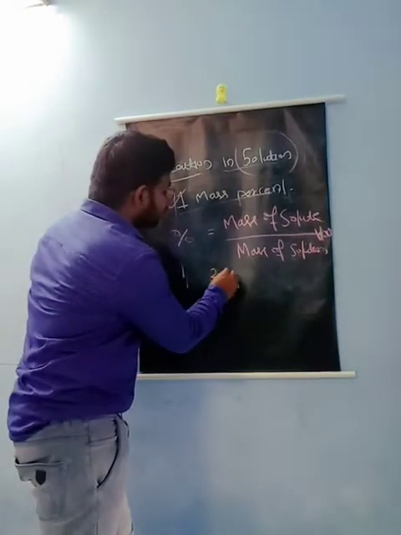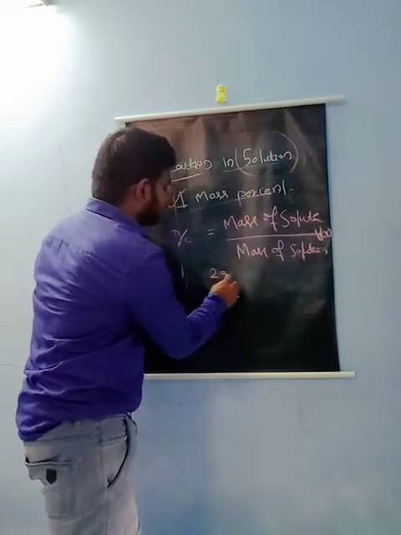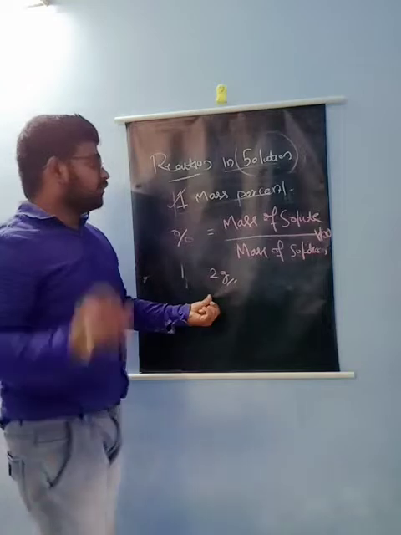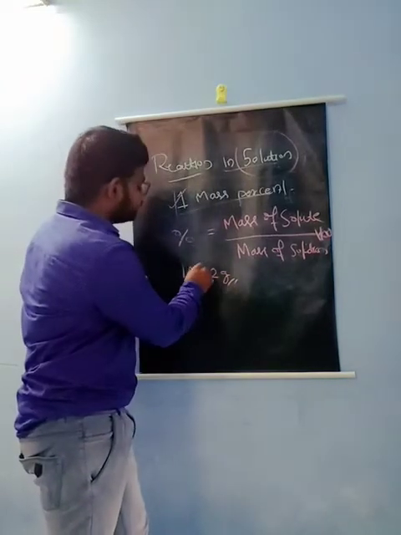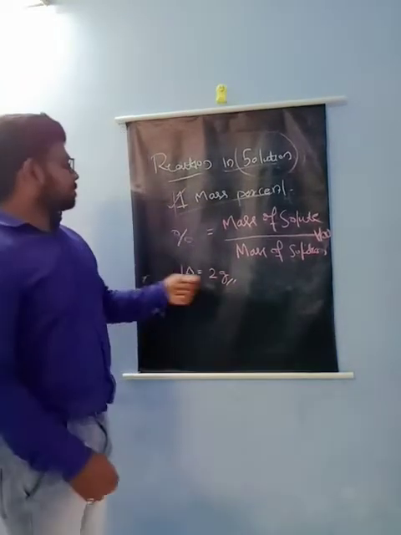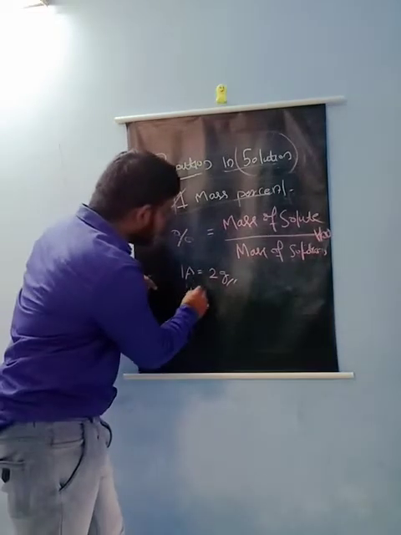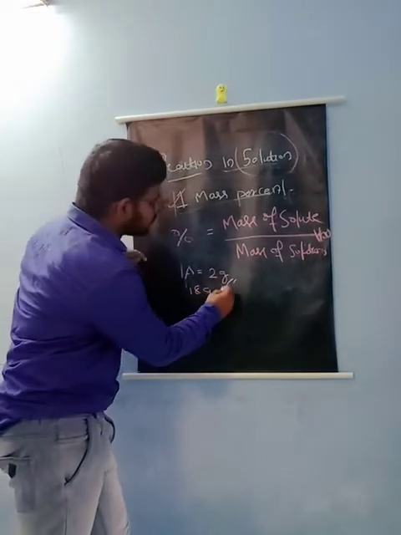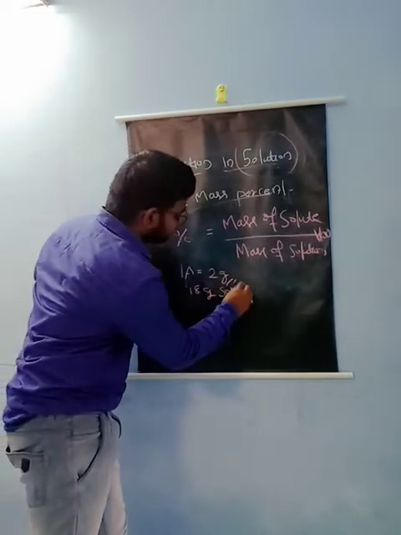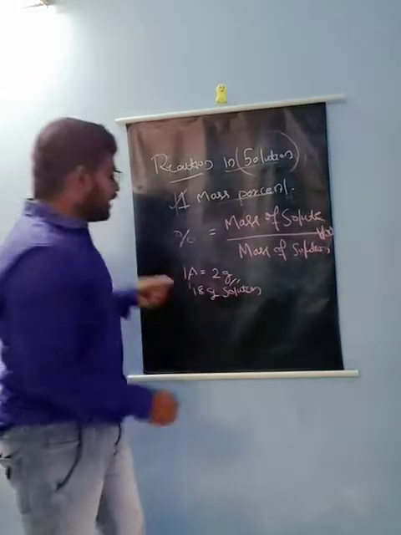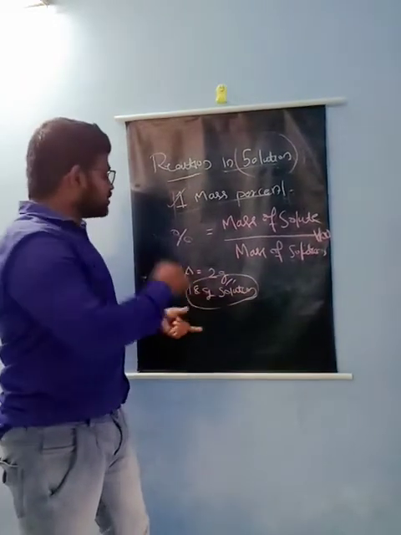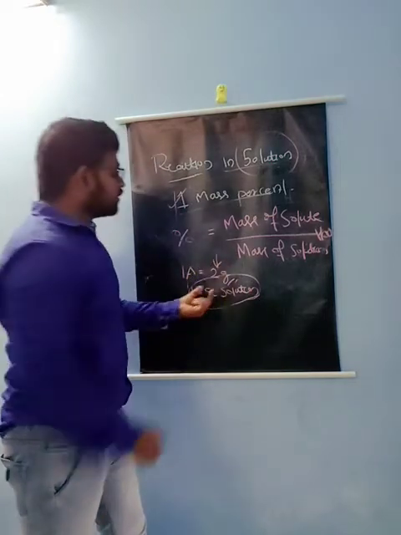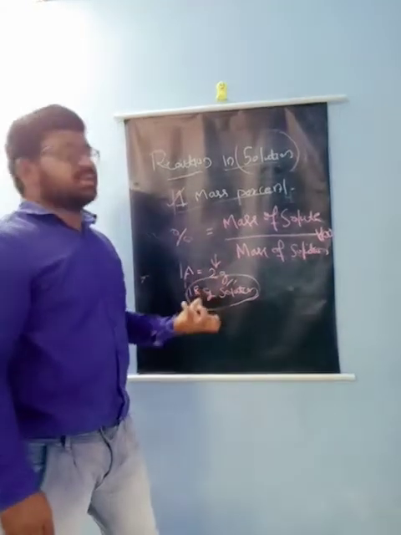So if we have 2 gram of a substance A, okay, we have 2 gram of substance A, and 18 gram of solution. We have 18 gram of solution, in which we are adding 2 gram of solvent.